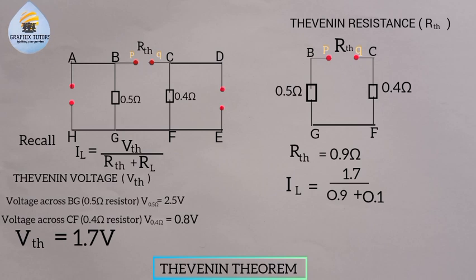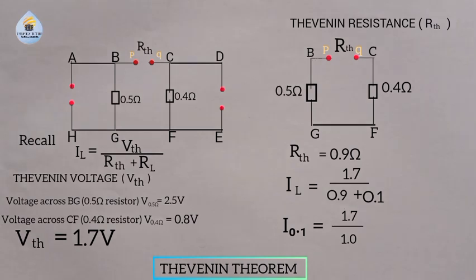So my IL, the current through the 0.1, is equal to 1.7 all over 1.0. And 1.7 divided by 1.0 gives us 1.7 ampere, right? So the current flowing through the 0.1 ohm is 1.7 ampere, and that is all.